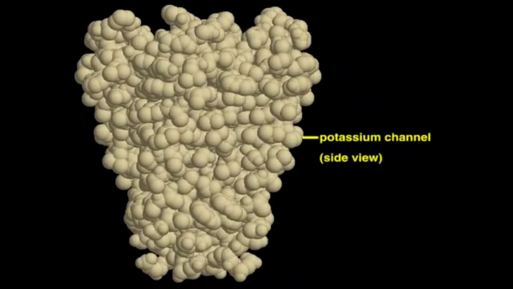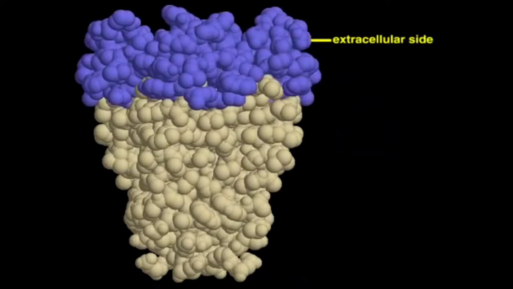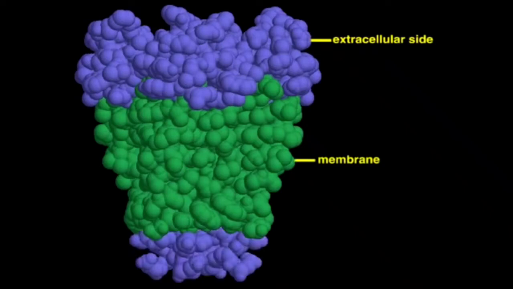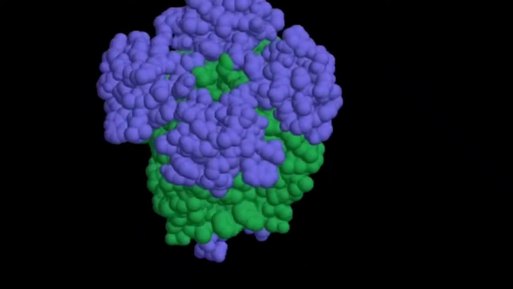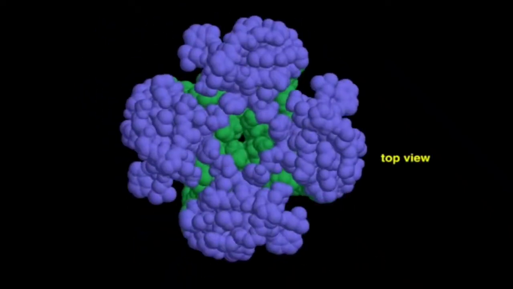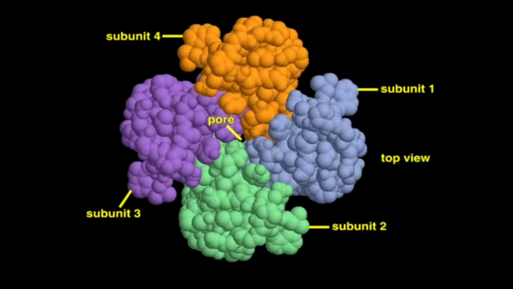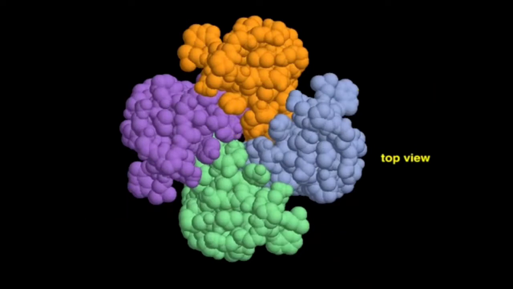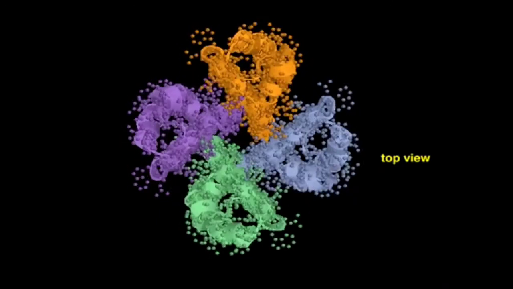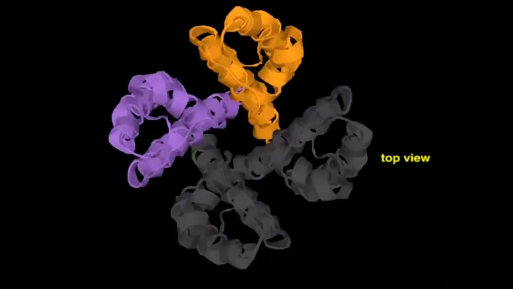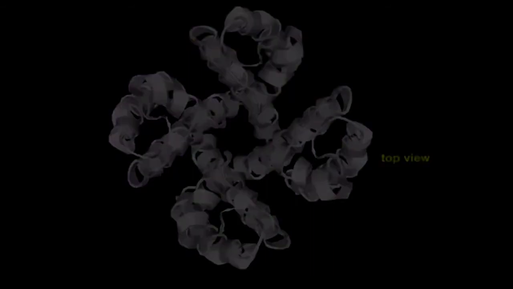The bacterial potassium channel is a multi-pass transmembrane protein in the plasma membrane. It is built from 4 identical subunits that are arranged symmetrically. A pore in the center of the protein allows selective passage of potassium ions across the membrane. 4 rigid protein loops, one contributed by each subunit, form a selectivity filter at the narrowest part of the pore.